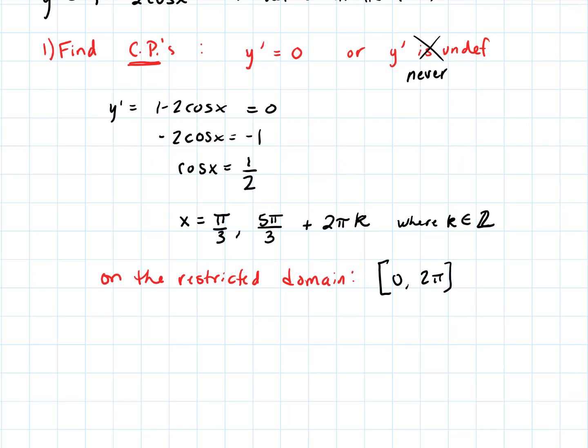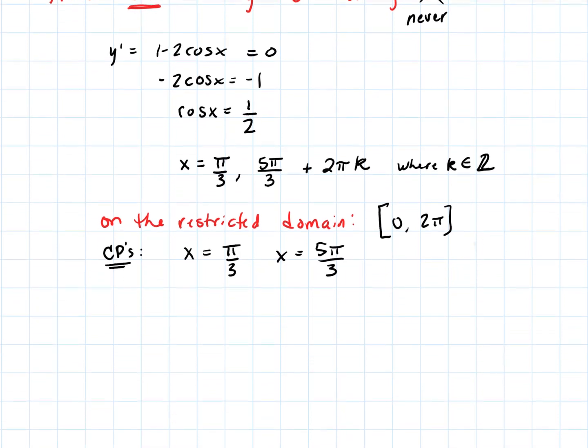Because this continues. Like you've got your pi over 3, your 5 pi over 3, and then you take pi over 3 and you add 2 pi k. So then you'd be at 7 pi over 3. And we'd keep going, but that would have bumped us out of that 0 to 2 pi range. So on the restricted domain, the 2 critical points that we have are pi over 3 and 5 pi over 3.